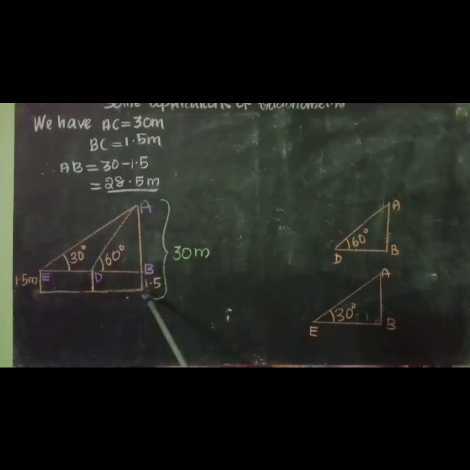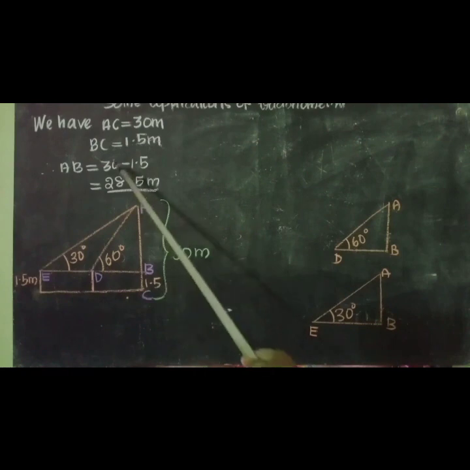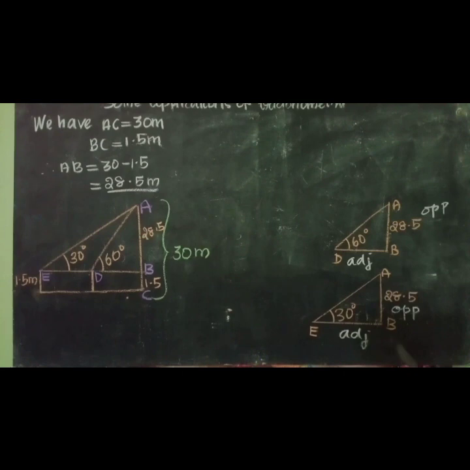So this AC is 30 meter, BC is 1.5 meter. Therefore this AB is 30 minus 1.5, that is 28.5 meter. So I have marked here AB is 28.5. Here also I have marked AB is 28.5.